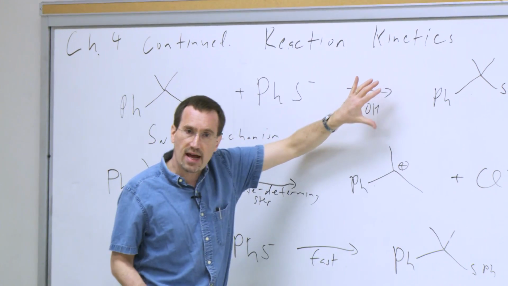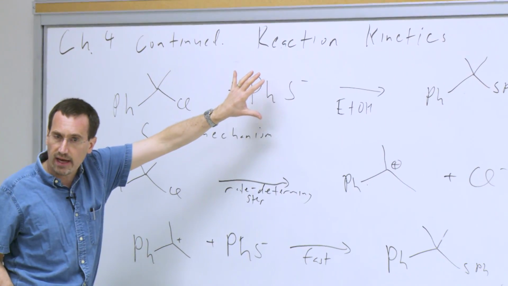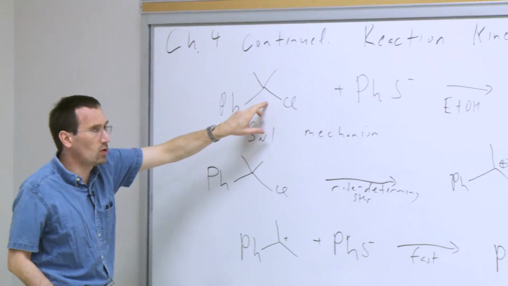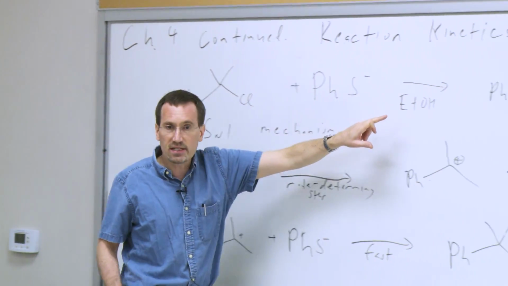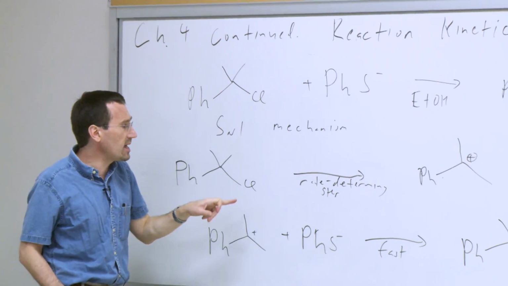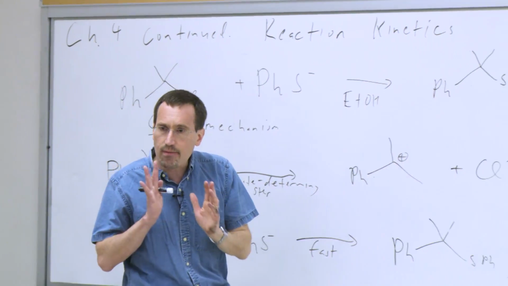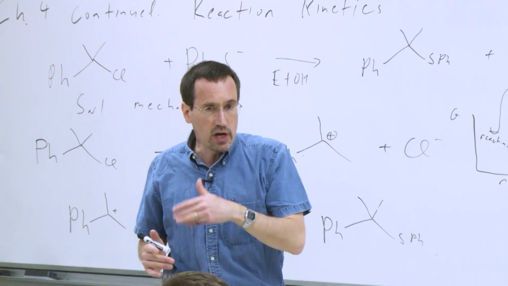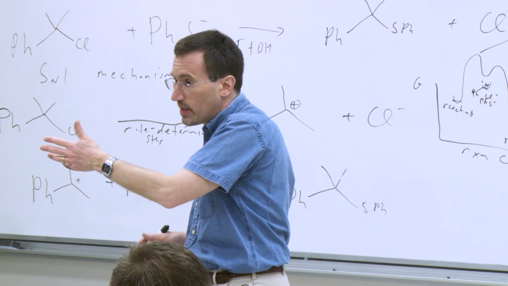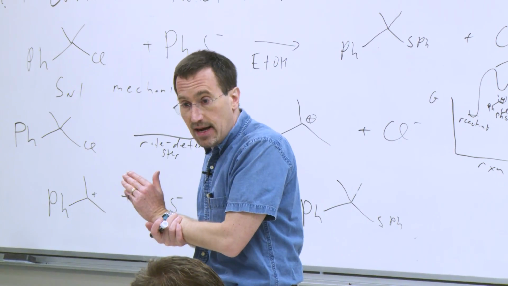But if we carried out this same reaction and omitted the benzene thiolate and just heated this chloride in the presence of ethanol, what would happen would be the carbocation would get trapped by ethanol. So you would see the exact same rate of reaction. I'm going to give you an example where the reaction has a half-life of 10 minutes.